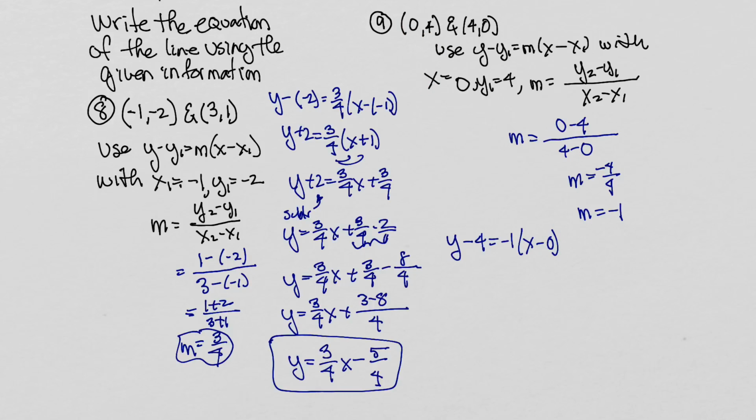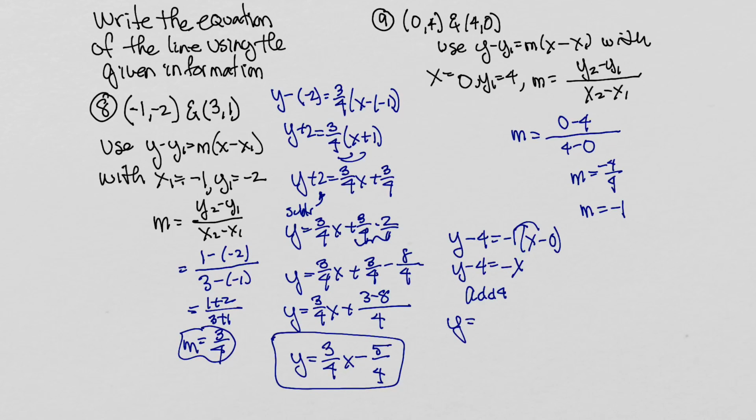So keep going along here. This will give us y minus 4 equals, now when I multiply through, I get negative x, and then negative 1 times 0 is 0, so I don't have to write that, and then I'm just going to add 4 to get this solution. I'll have y is equal to negative x plus 4.